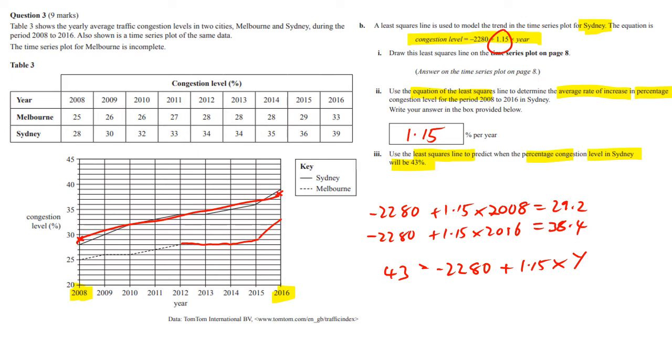If you're not comfortable with the calculator and a bit of algebra, you might want to use the solve function on that. Now, if you do all that, you should get 2020. So the year, because we're trying to predict when, is 2020 when you solve that equation. There you go.